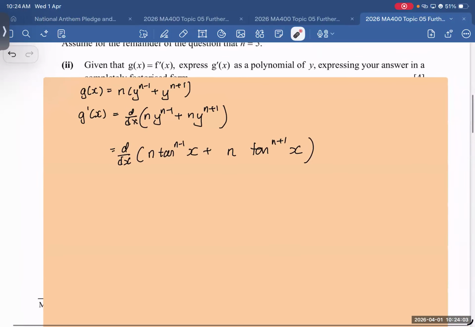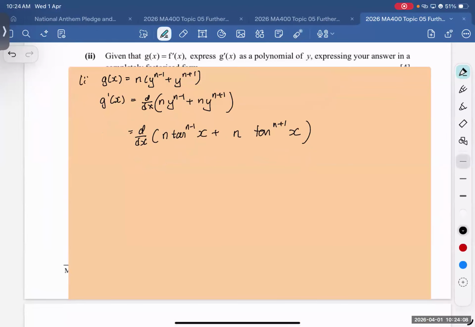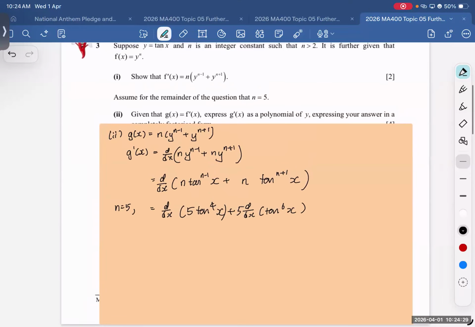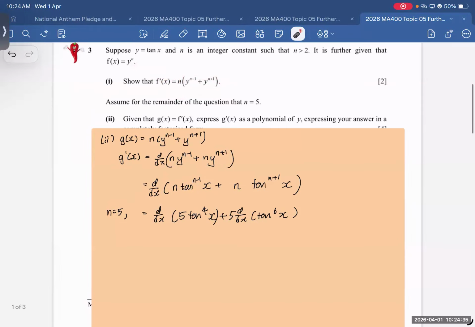So here, you see n equals 5. So this is the same as differentiating 5 tangent power 4 x plus differentiating 5 tangent power 6 x. Then that's where you use the earlier result. This is a legit case where I'm differentiating y power n, that means this n is like this 4.